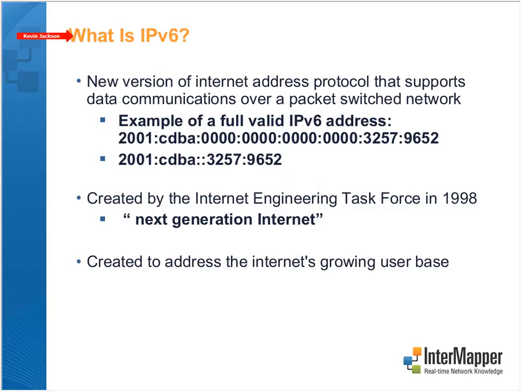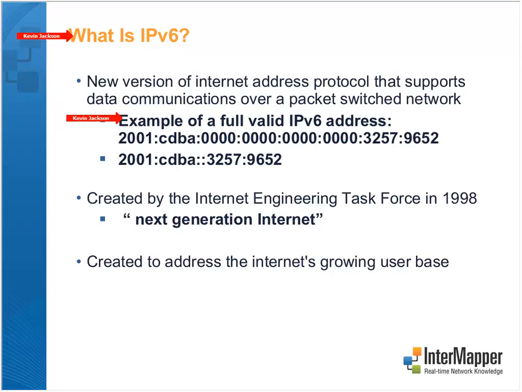IPv6, as you may or may not know, is the next generation network protocol that will allow for data communication over a packet switch network. In other words, what this protocol does, as well as the IPv4 protocol, is it's involved in sending and receiving of data packets between two or more nodes in, on, or around the network.